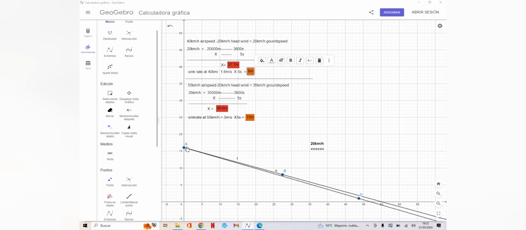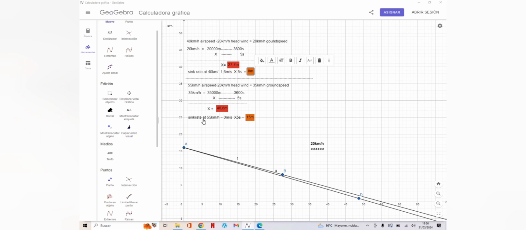From point A at 40 kilometers per hour airspeed, we arrive in 5 seconds at 27.7, sinking at 1.6 meters per second. In 5 seconds, we sink 8 meters. So we sink 8 meters here and advance 27.7. That's the trajectory we're going to draw between A and B for the speed of 40 kilometers airspeed.